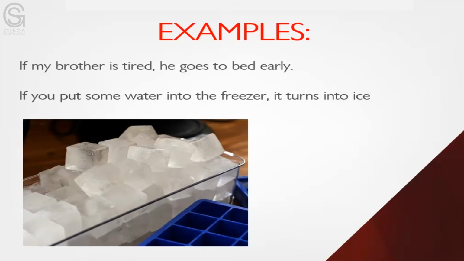It's always like that. If you put some water into your freezer or in the fridge, it turns into ice. That's why we're demonstrating with this sentence that when we use the zero conditional, it's because it's a general truth.